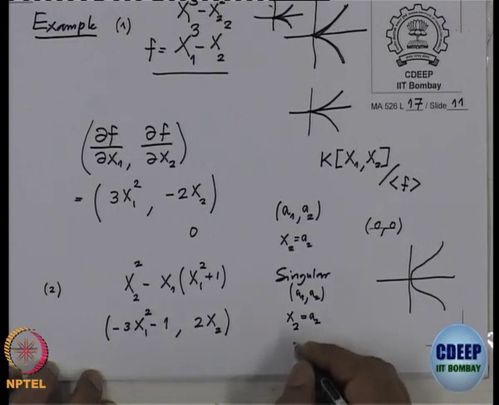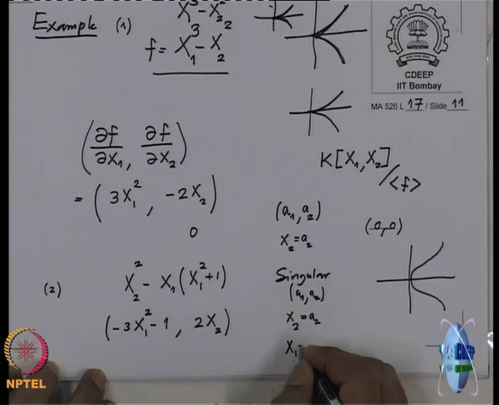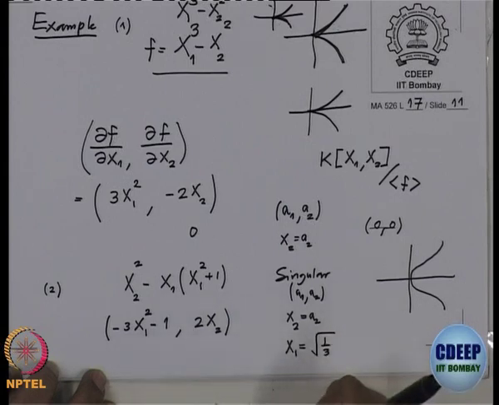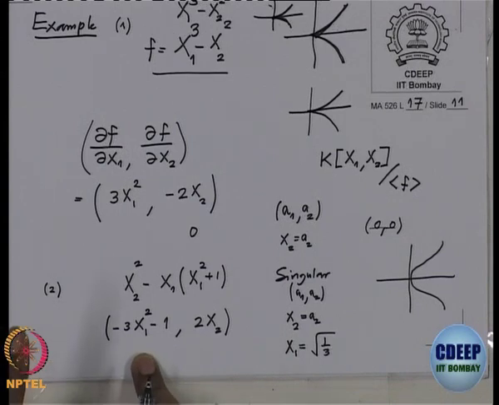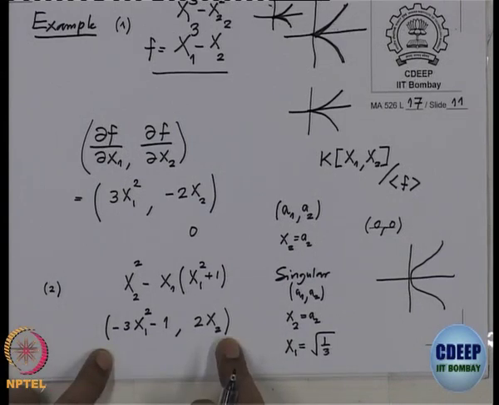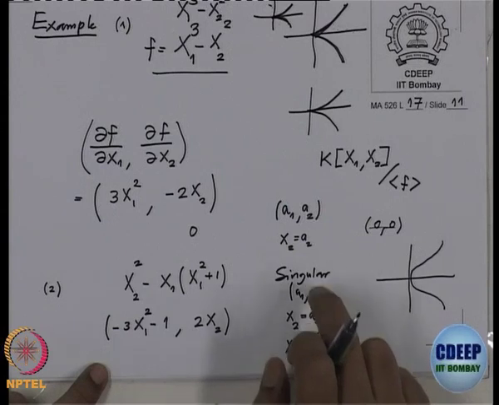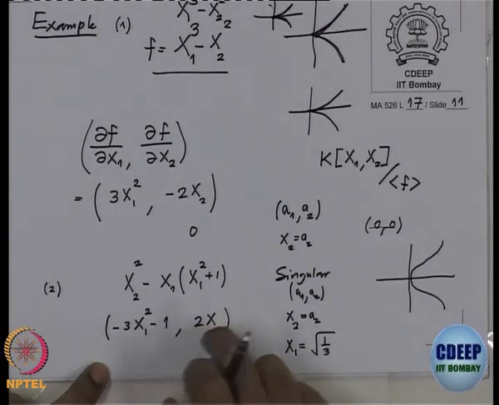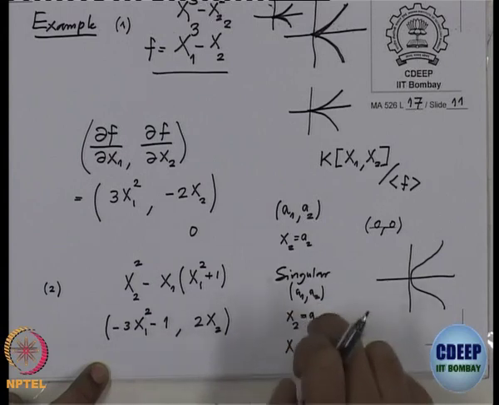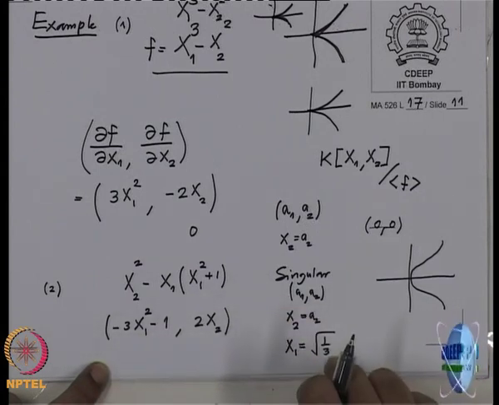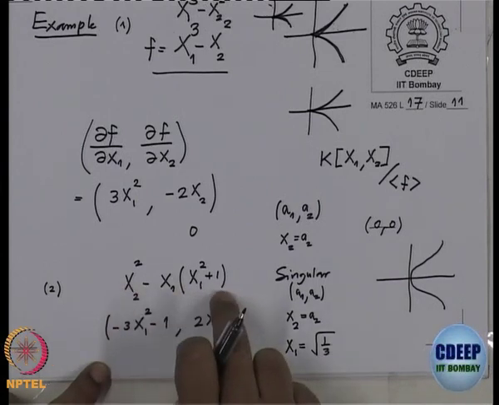So, at the singular point x1 will be equal to plus or minus the square root of 1 by 3, because this should be 0. See, if it is non-zero, it will be non-singular, because the rank will be 1 and it will therefore be non-singular by the criterion. So, in order for this point to be singular, both these should vanish at this point. They vanish means x2 is a2, and when I plug in x1 equal to a1, it should become 0. So, that means x1 is the square root of 1 by 3, but then it does not pass through that curve.